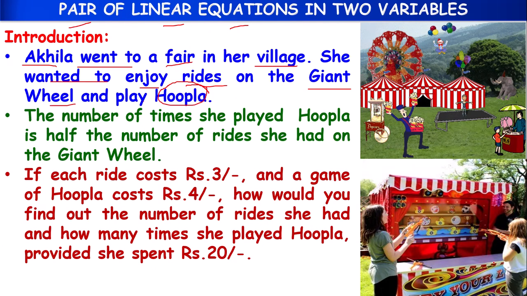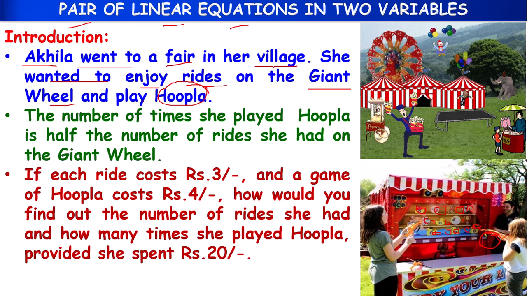Hoopla is a game where you give some money and buy some rings, and some items will be kept on the table, or you will be given a gun and some items will be kept on the surface, so that if you throw the ring on any item, that item will be yours. Or if you hit any of the items with the gun, that item will be yours. So that is the hoopla game.